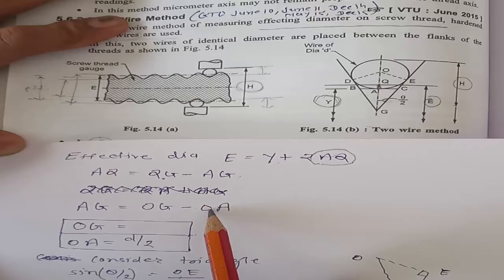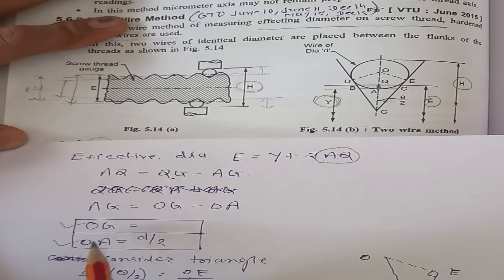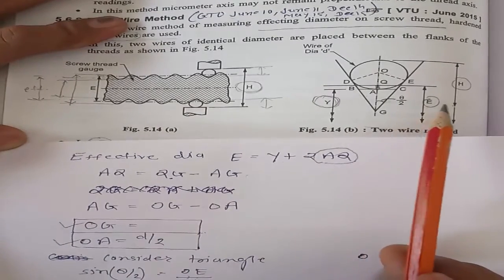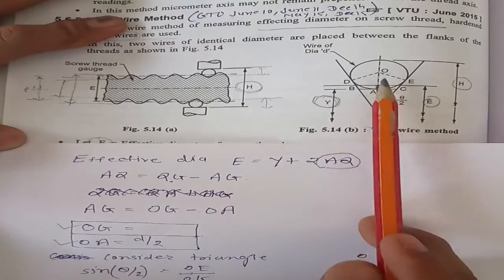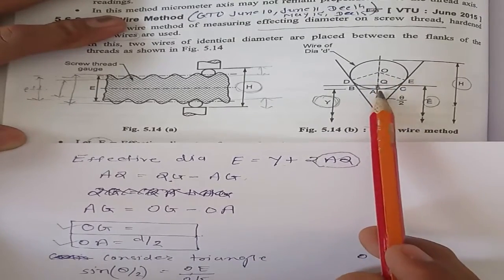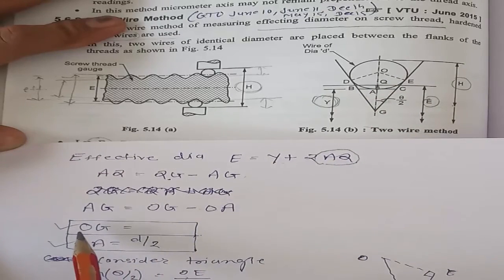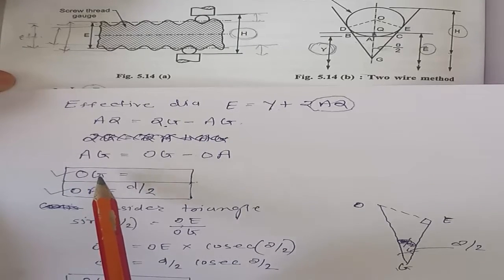OG we have to find, and OA is nothing but half of the wire diameter, so it is D by 2. Now we have to find OG. How can we find OG?